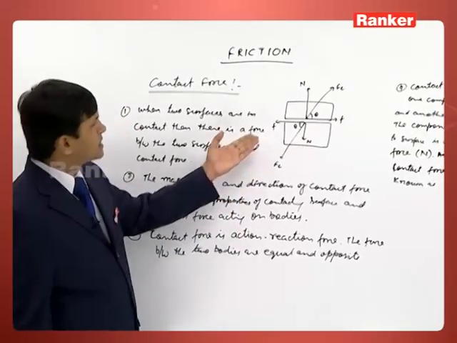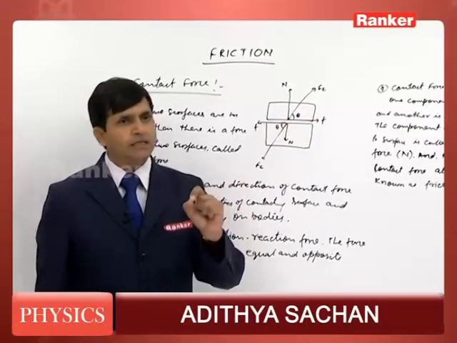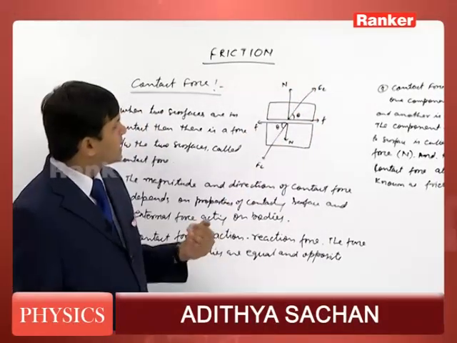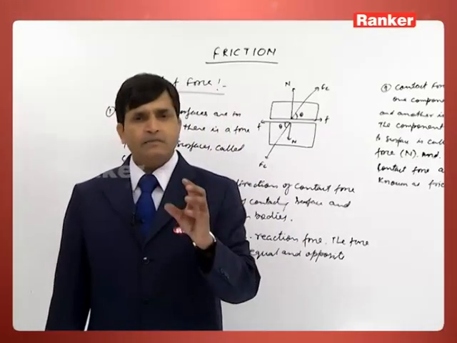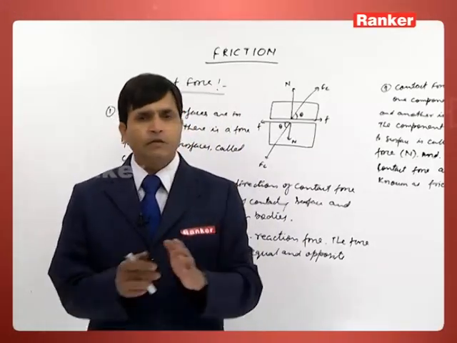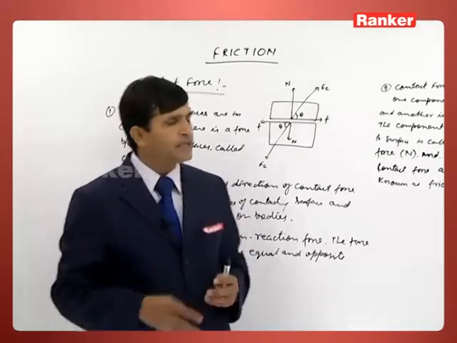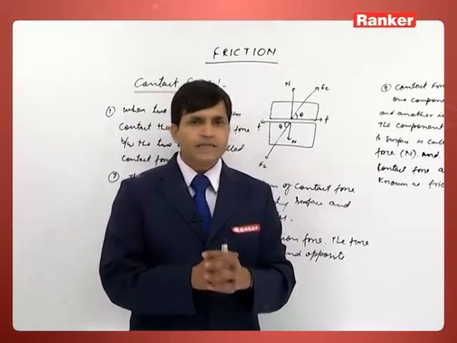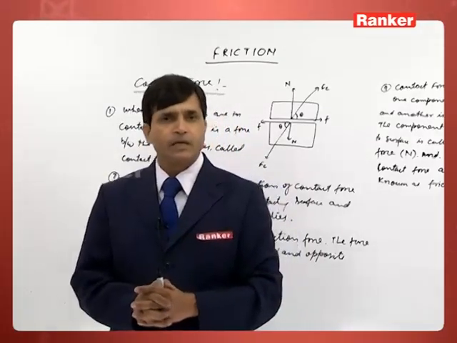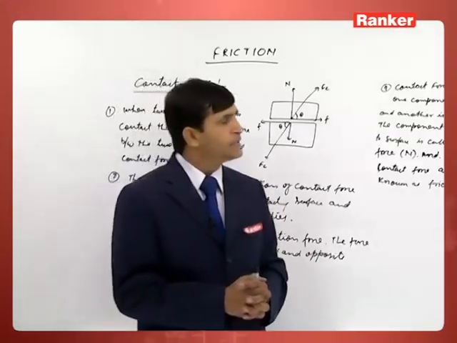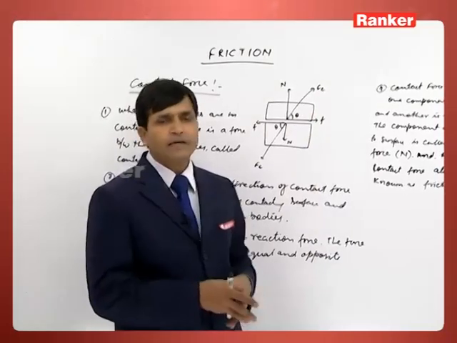The friction force is nothing but a part of contact force. Whenever two bodies are in contact, the molecules of the bodies come very, very close to each other, and when those molecules interact, an electromagnetic force develops between them, and that electromagnetic force generates a force of contact which we represent with Fc.